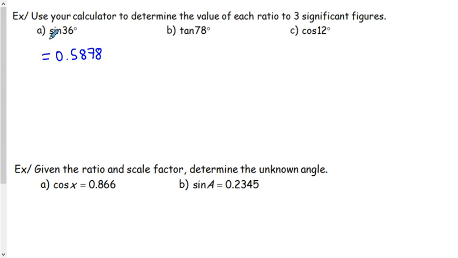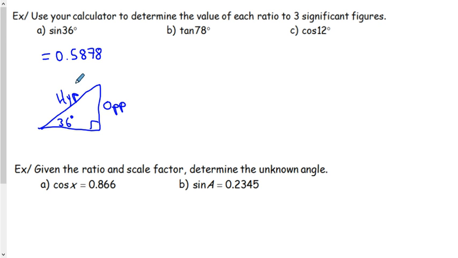So basically what we're saying here is, if we've got a triangle that has an angle of 36 degrees, we know sine is the opposite side divided by the hypotenuse. If you take any right angle triangle that has an angle of 36 degrees, and we take the opposite side from that 36 degrees and the hypotenuse and we divide them, we're going to get this decimal number.